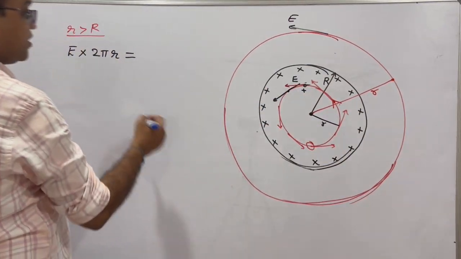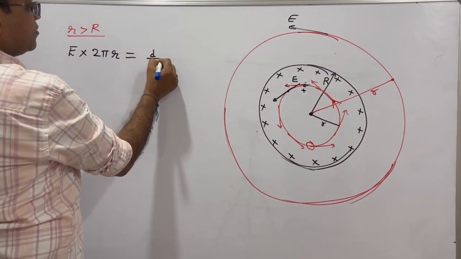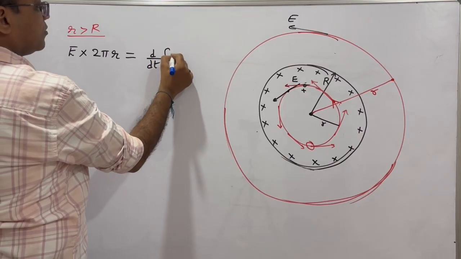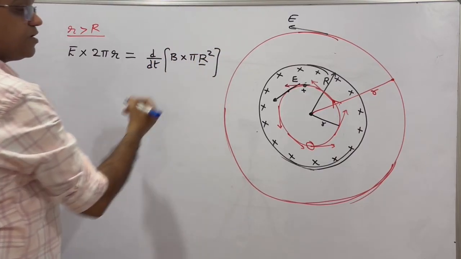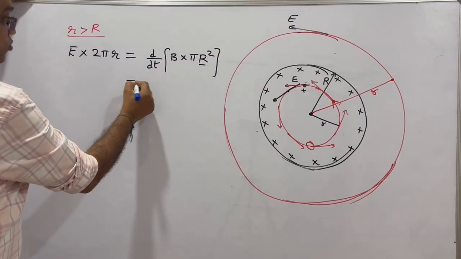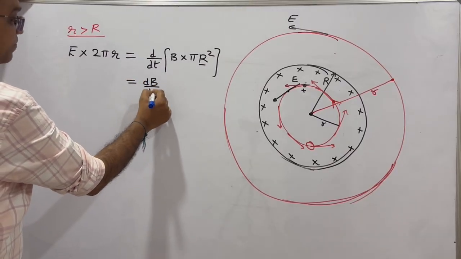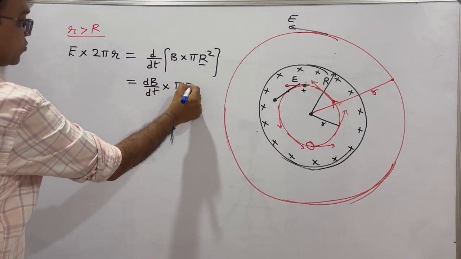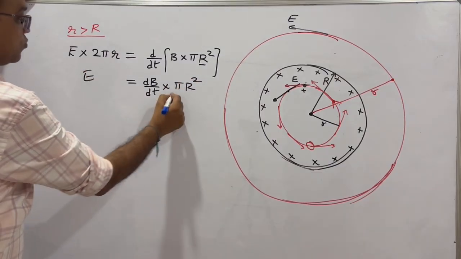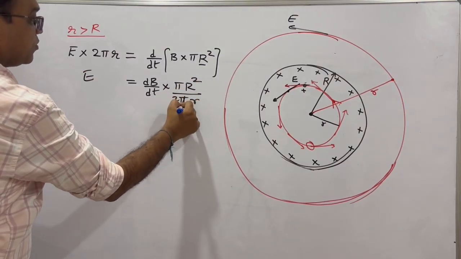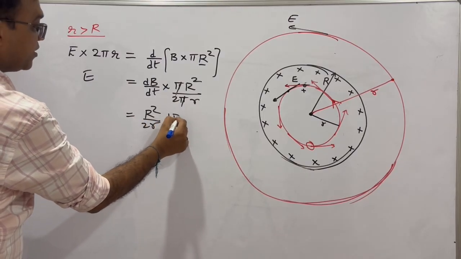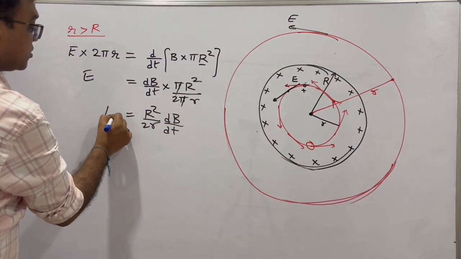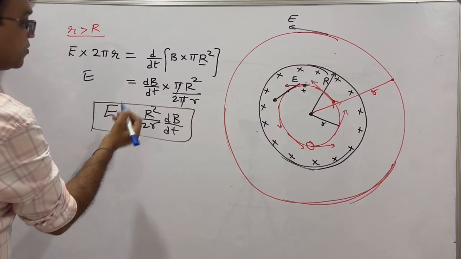So the flux linked with it will be pi R squared, not small r, it will be only capital R. So it will become dB by dt into pi R squared equals E into 2 pi r. So E equals R squared upon 2r into dB by dt. This is the field at the outside point.